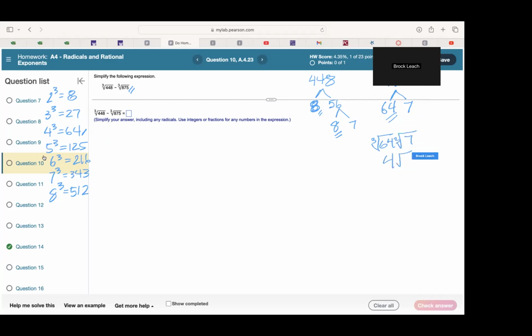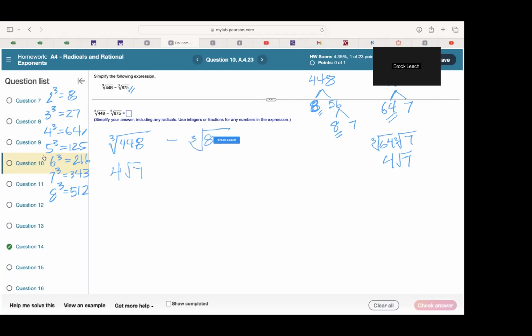So 4 cube roots of 7 is how the cube root of 448 can be broken down. What the heck is going on? 4 cube roots of 7.